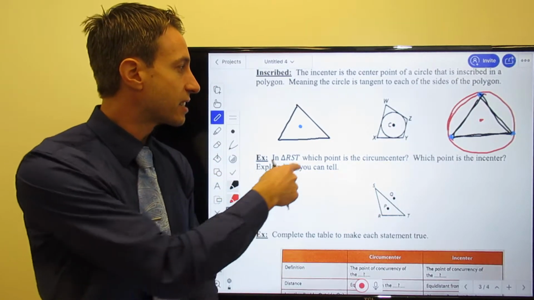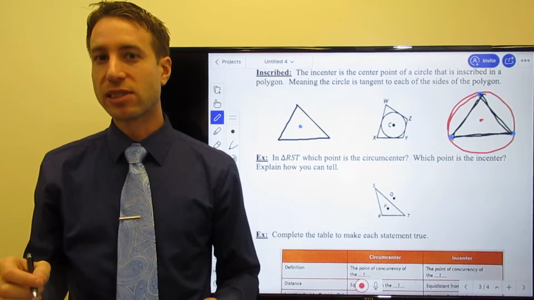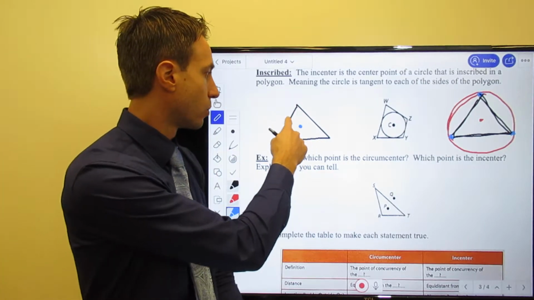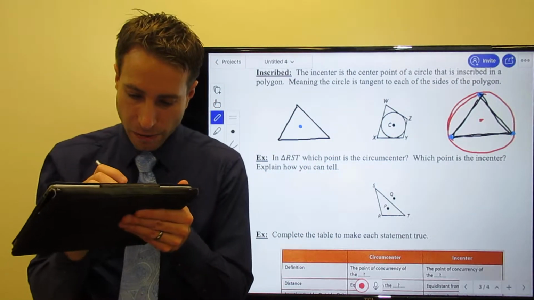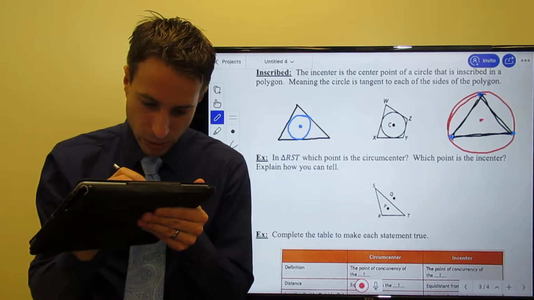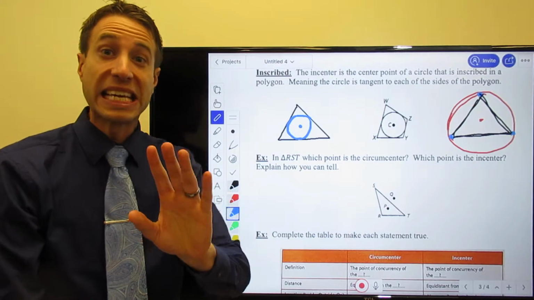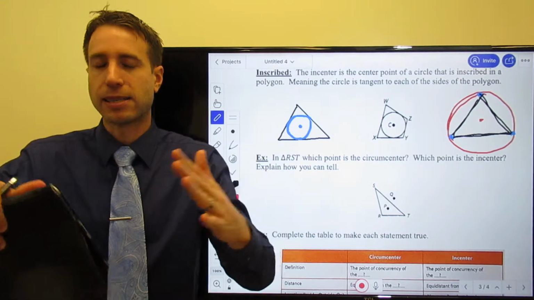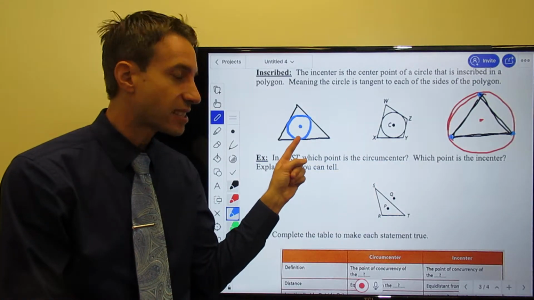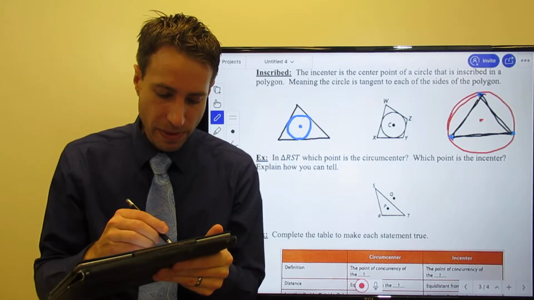It'll be a circle completely inside the triangle that touches the triangle at 3 points, each equidistant from the center. Again, I'm drawing the circle by hand, so it's not going to be perfect. So the in-center makes sense: I can draw a circle inside of the triangle where the in-center is the middle of that circle.